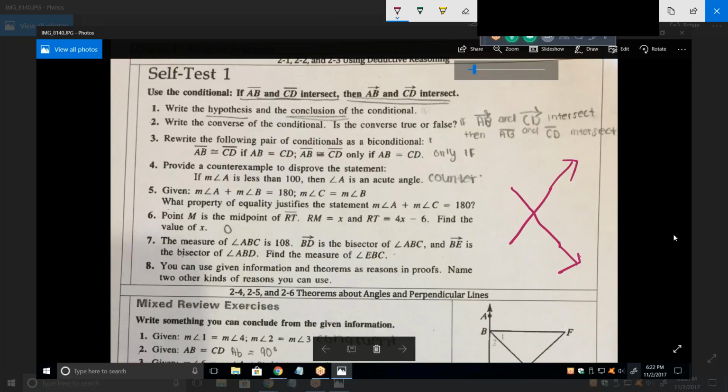Now again, let me think about that for a moment. What if we make that point A and that point B, and we're going to make that point C and that point D. So AB, but then AB doesn't intersect with CD either.